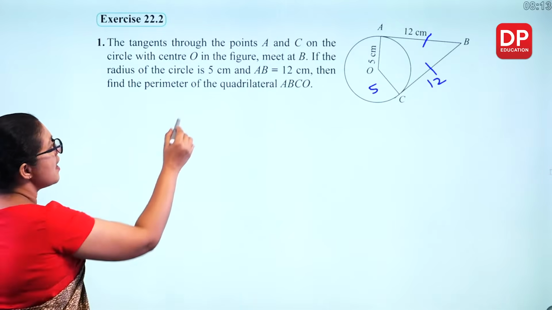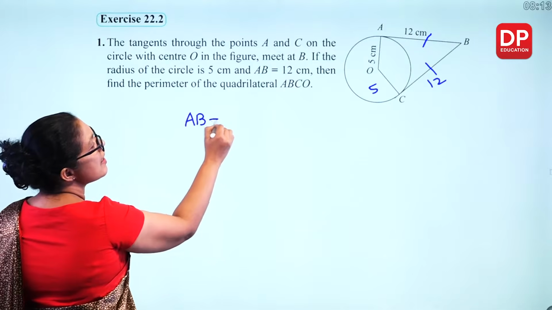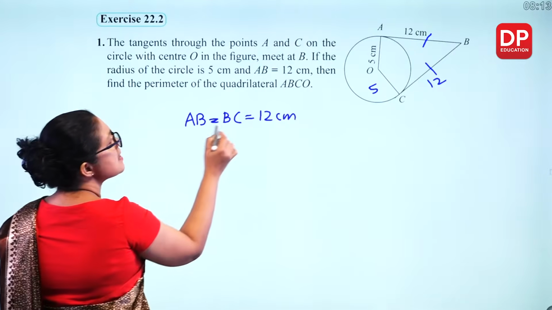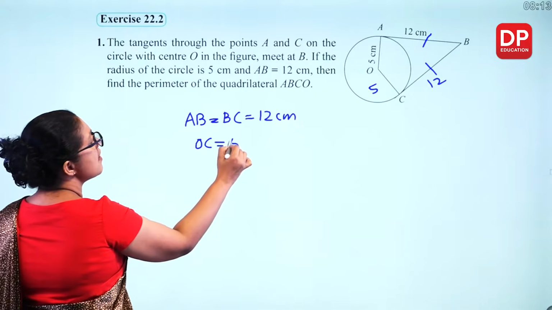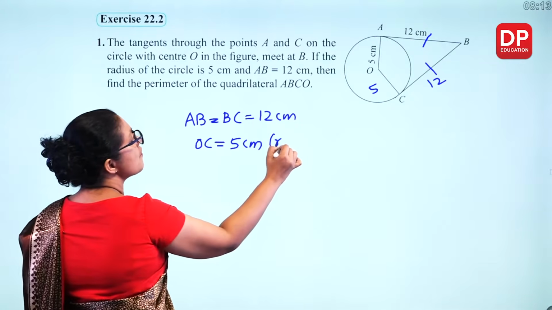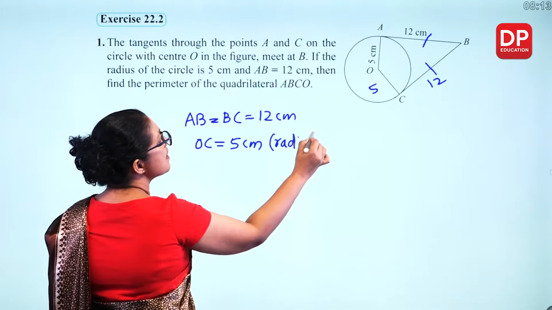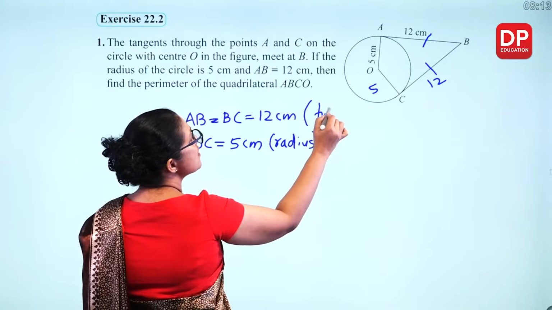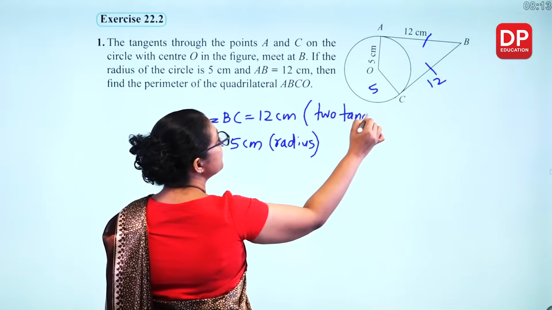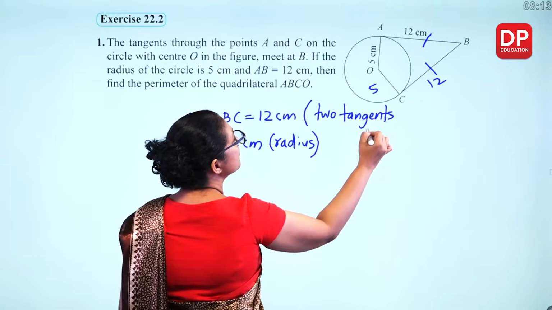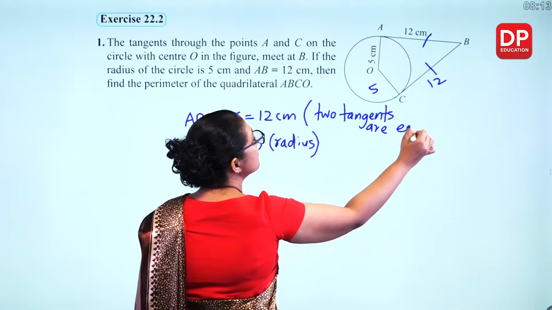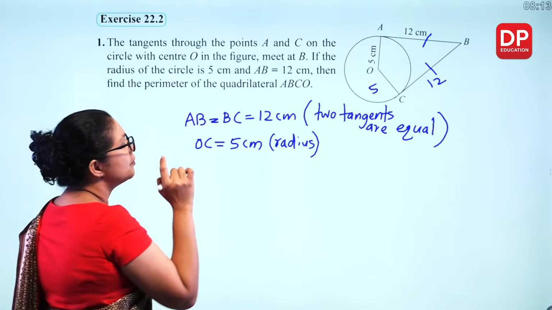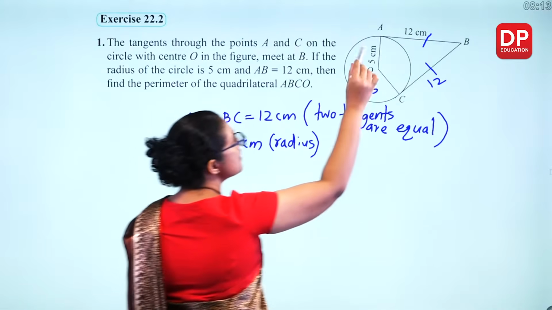So we can write down AB is equal to BC, that's 12 centimeters, and OC is 5 centimeters because of the radius. This is because of the theorem. Two tangents are equal. Now, just add it.